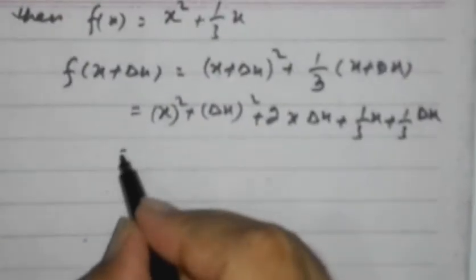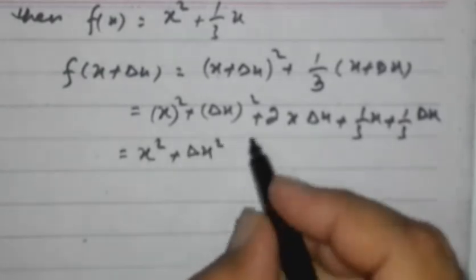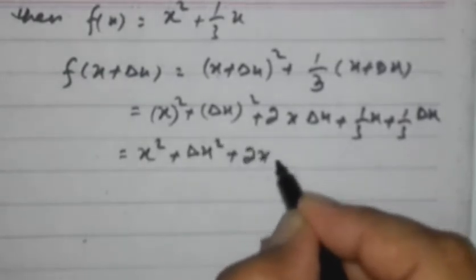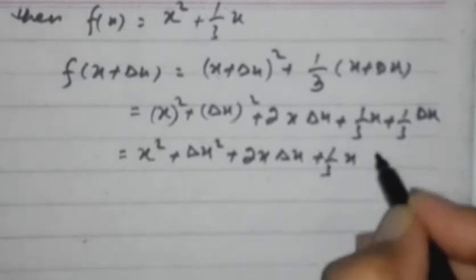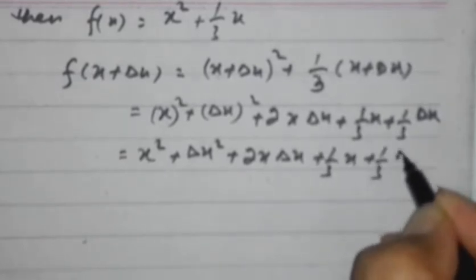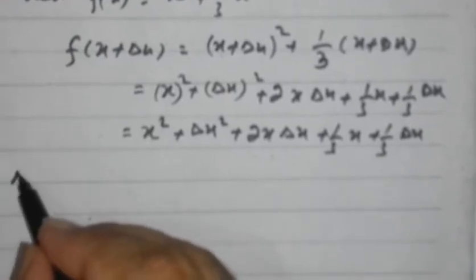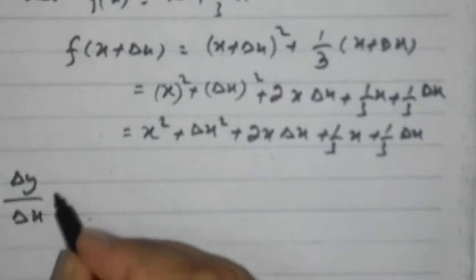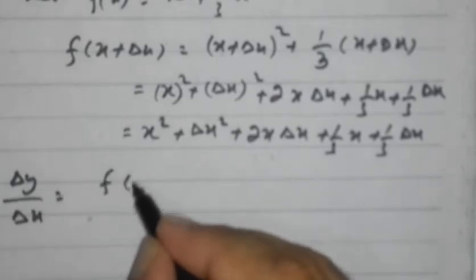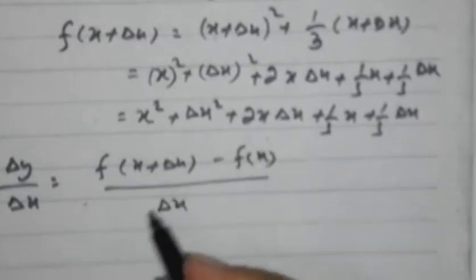So we get x square plus del x square plus 2x del x plus 1 by 3x plus 1 by 3 del x. Now we know that the average rate of change del y by del x equals f of x plus del x minus f of x divided by del x.